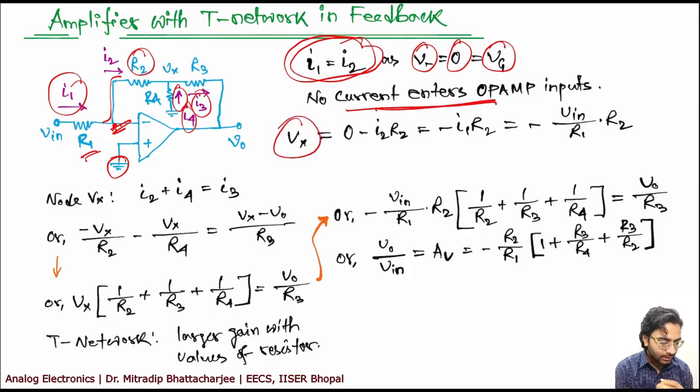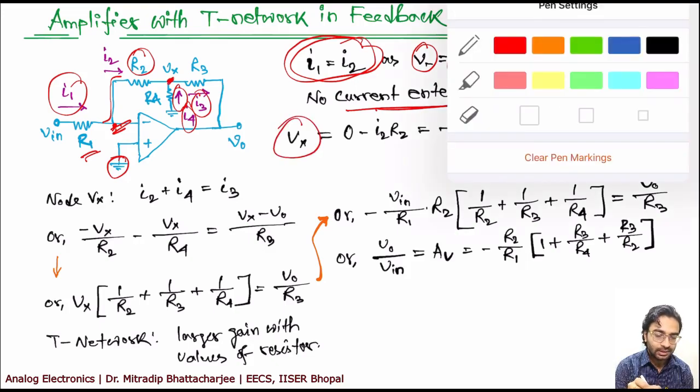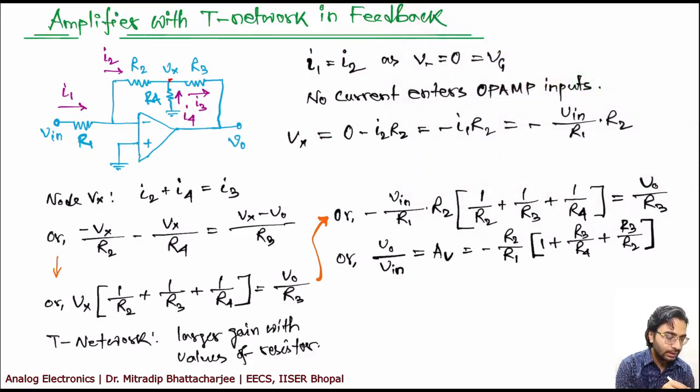So your Vx in this case, which is the potential at this point, I have considered the potential in the T junction as Vx. So your Vx is basically 0 minus I2R2. Minus I2R2 is equal to Vx.